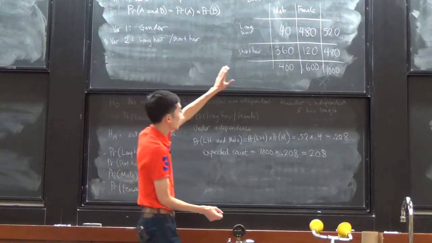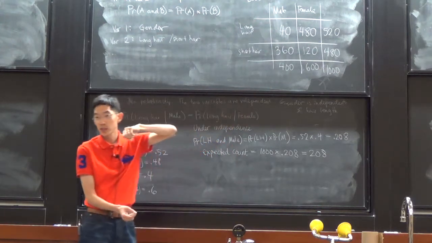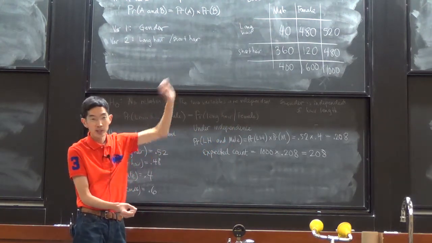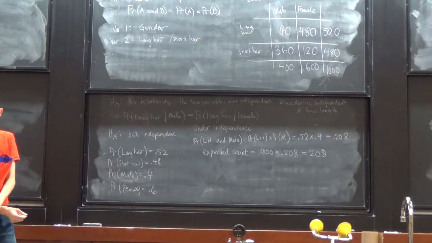So we would do the same thing for all 4 cells, for all combinations of the variables or categories. Okay.